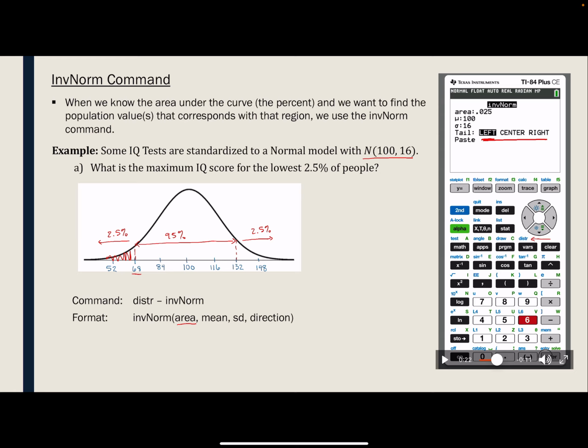Every single one of the areas is considered left, which is going to make some of the future problems a little bit harder. So for this problem here, we're entering inverse norm. So that's what I'm going to enter for my work. 0.025, 100, 16, and left.